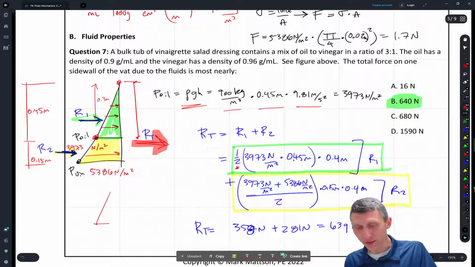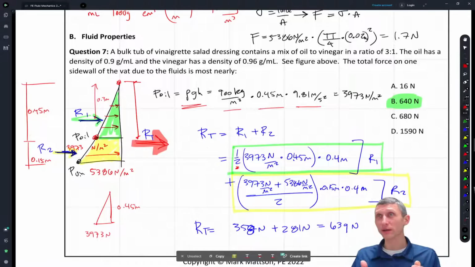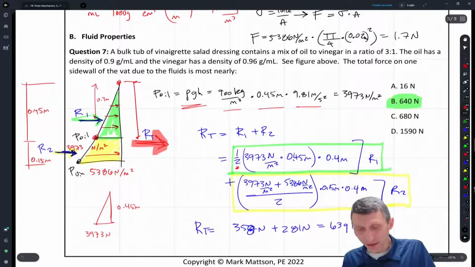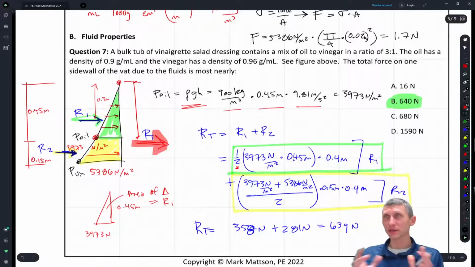So this is a triangle that has a height of 0.45 meters, and a base of 3973 newtons, and I'm trying to find the area of that triangle to get my total force, or my resultant force. The area of this triangle is going to equal essentially R1. That's going to equal that resultant force.